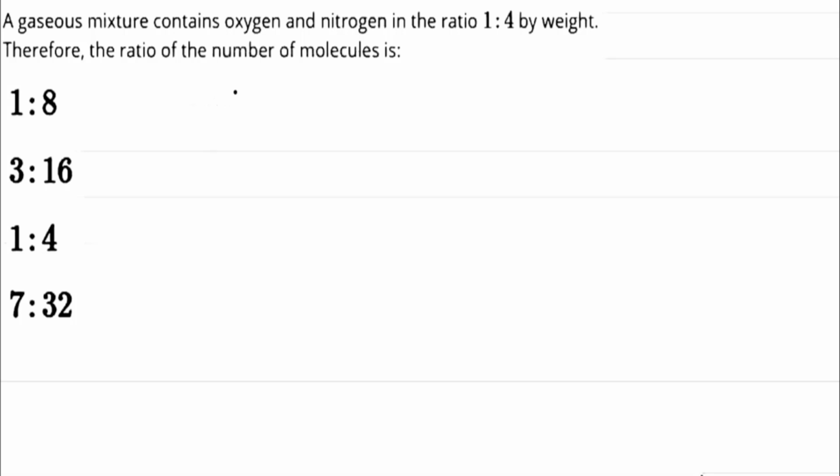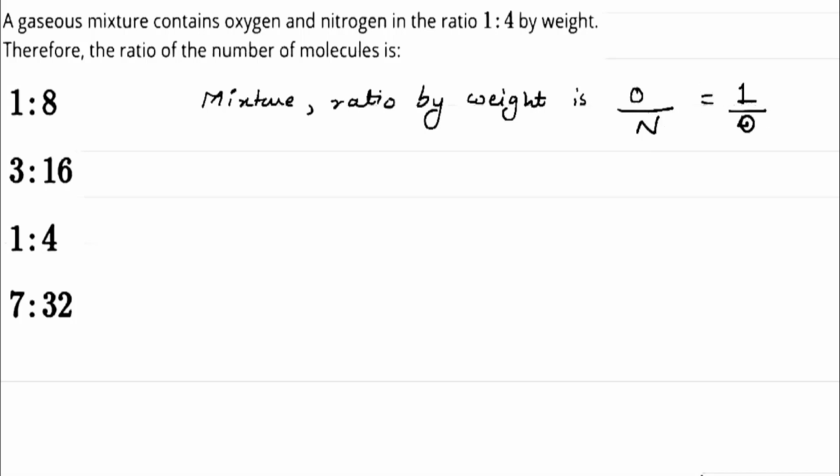The ratio 1:4 by weight, isn't it? So in the mixture, the ratio by weight of oxygen upon nitrogen is equal to 1/4.